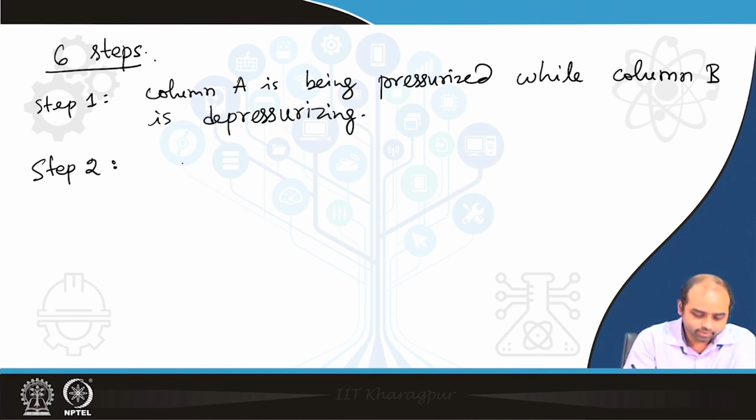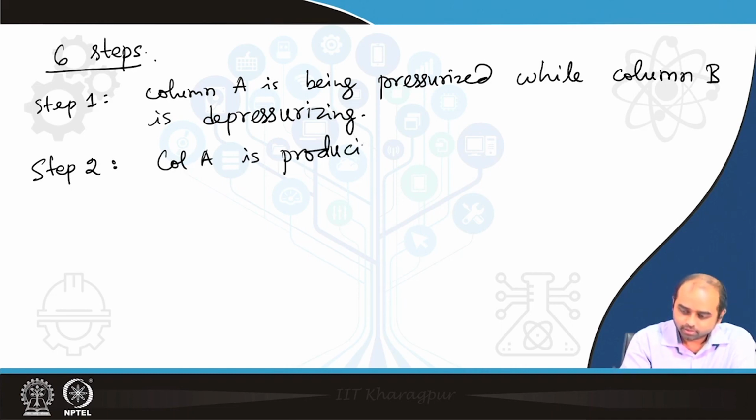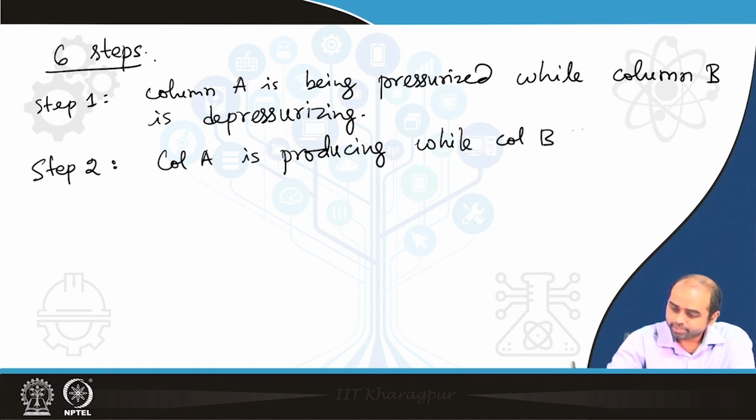Then we have step 2 where column A is producing, right, and while column B is still depressurizing.